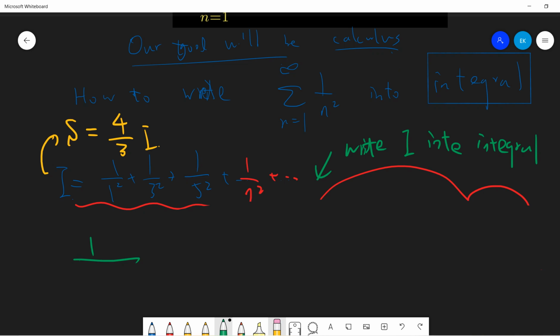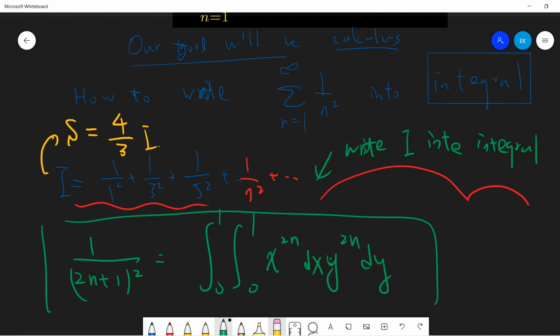We only have 1 divided by 2n plus 1 squared. The key idea is that the integral of x to the 2n dx from 0 to 1 is 1 over 2n plus 1. In order to get the square, you take another variable y, and get y to the 2n dy. This is very trivial.